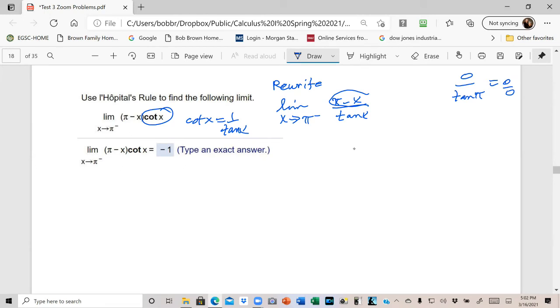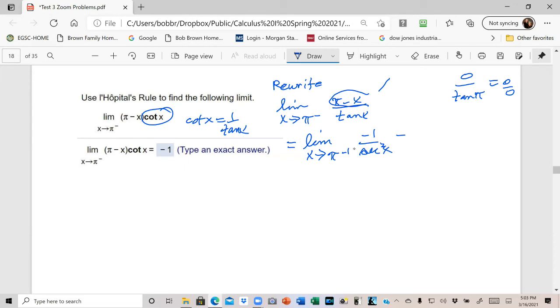So this limit then will be the limit as x approaches pi from the left of the derivative of pi minus x, which is just simply minus 1. Derivative of pi is 0, and the derivative of tangent of x is secant squared of x.